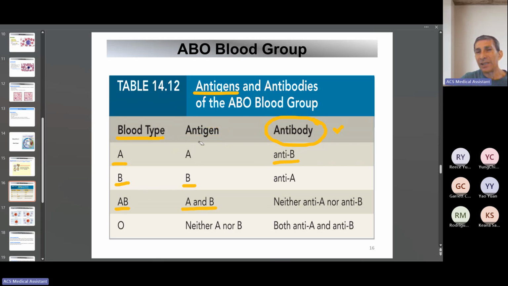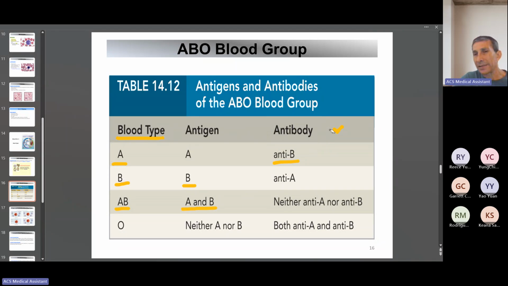Remember, we have to have antigens on the surface of the cell. And that's what indicates what blood type we have: antigens. Antibodies do not indicate what type of blood I have.